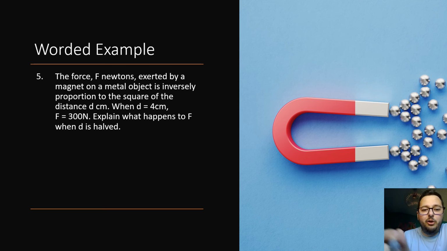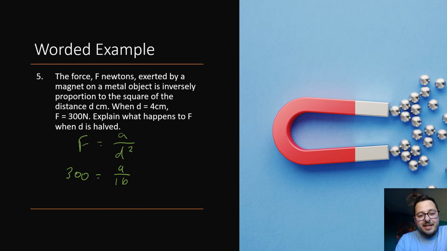Okay, so let's have a little look at what we are doing. So we've got F and we've got d, and it's inversely proportional to the square of d. So F is going to be A over the square of d. Now we can pop these numbers in. So when d is 4, F is 300. So F is 300, and that equals A over 4 squared, which is 16.